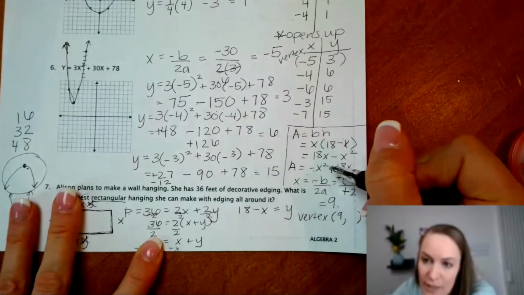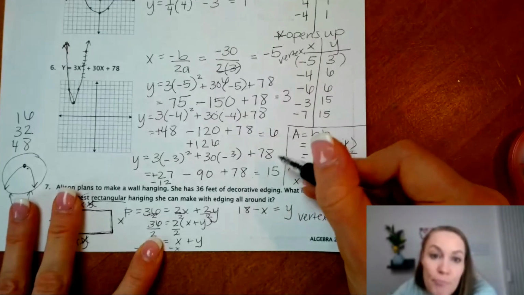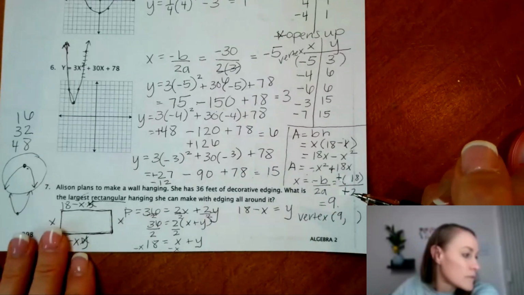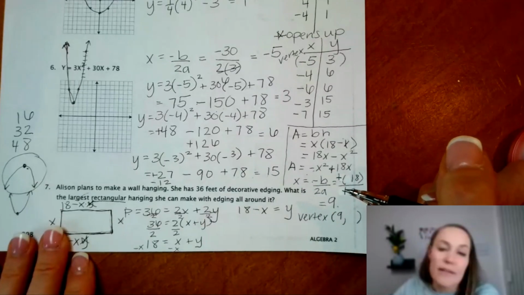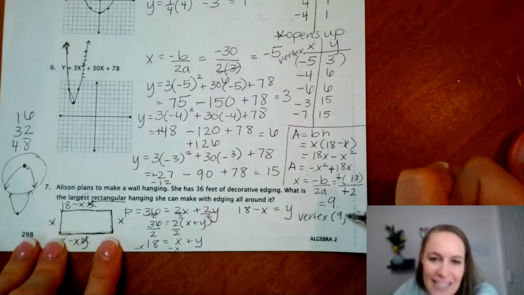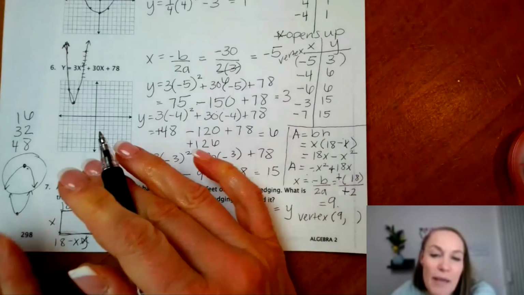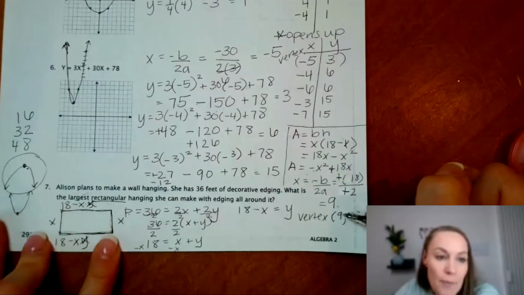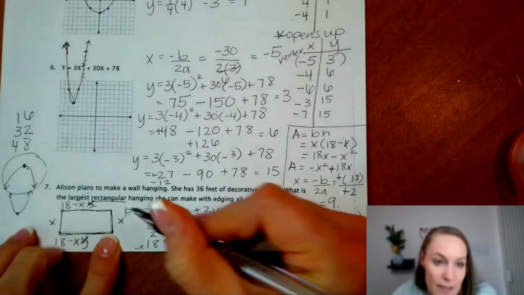You can plug that back in to find how big the area is going to be. And I guess I do care about that, right? So if my x is 9, that's going to make my area the biggest. So I'm going to go ahead and find out what that is.